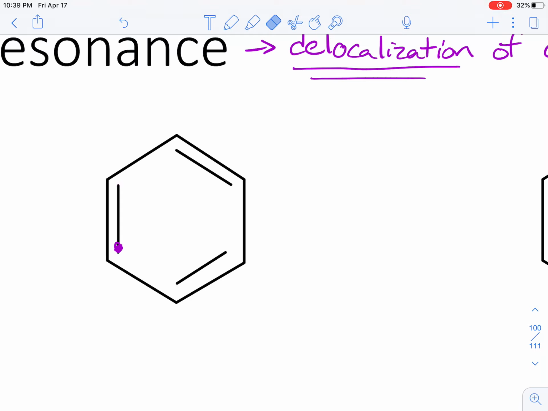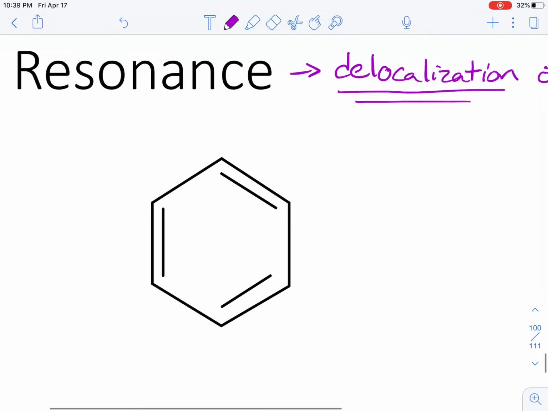But there's things called pi bonds, and pi bonds are where the electrons that create the double bonds are located. And so, long story short, these electrons can delocalize if they're in this conjugated manner, where you have a double, single, double, single, double, single pattern.